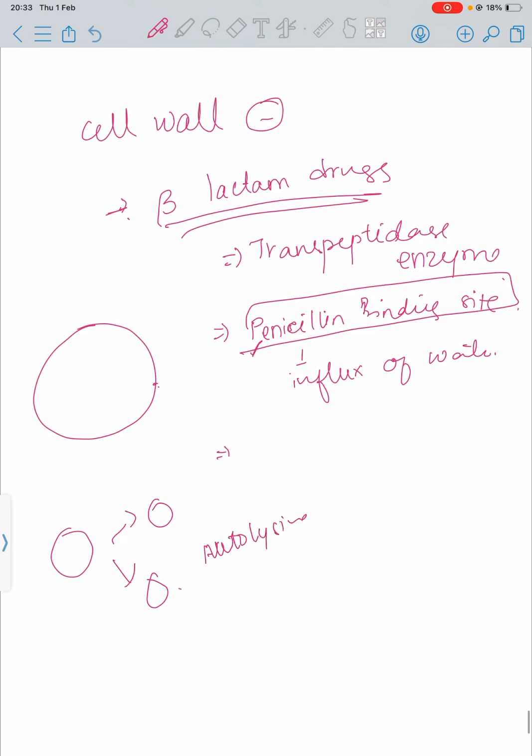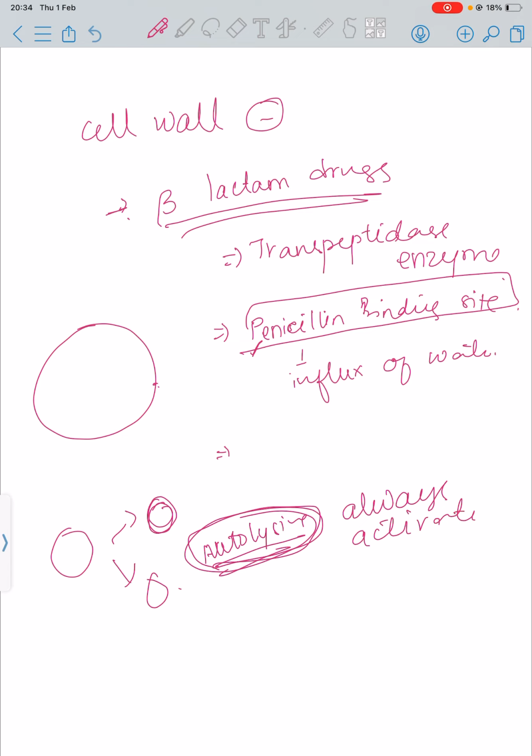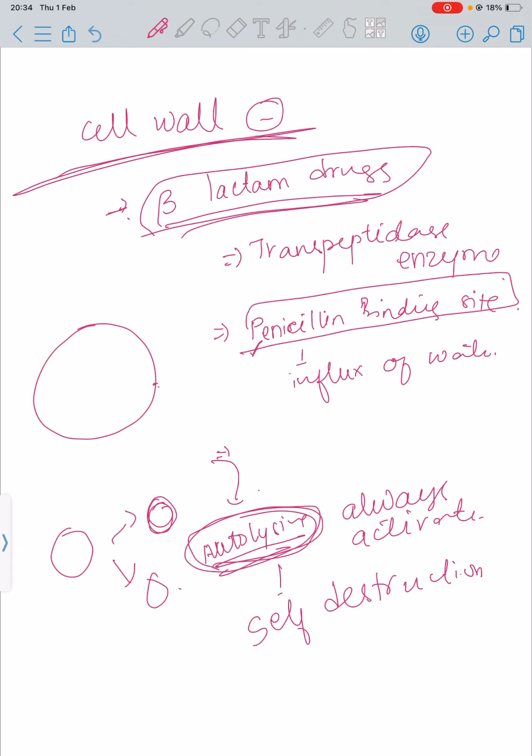Autolysins are enzymes which regulate this growth. But when the beta lactam drugs are given, autolysins are activated, which causes self destruction of the bacteria. So these are three mechanisms by which beta lactam drugs or cell wall inhibitors act.